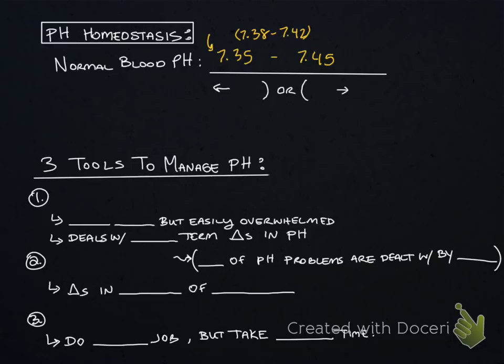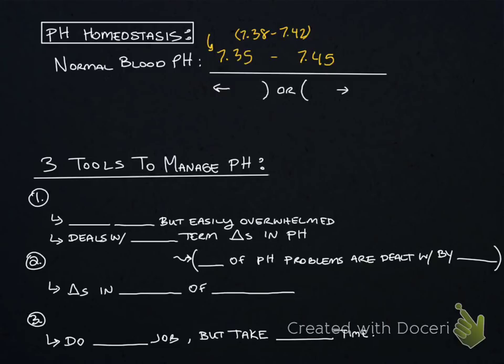All right, so this is blood pH. Now we know pH, what's the range, what's the acid-base pH range? 0 to 7 is acidic, 7 is neutral, and then it goes all the way up to 14, right?